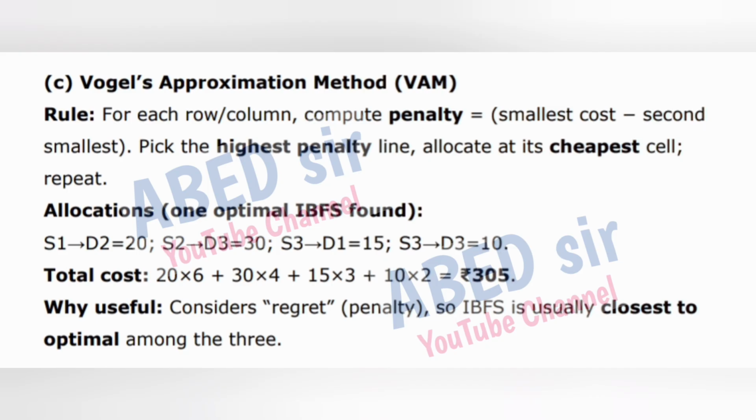Allocations: S1D2 is equal to 20, S2D3 is equal to 30, S3D1 is equal to 15, S3D3 is equal to 10. Total cost: 20 times 6 plus 30 times 4 plus 15 times 3 plus 10 times 2 is equal to 305 rupees. Why useful? Considers regret penalty. So VAM IBFS is usually closest to optimal among the three.